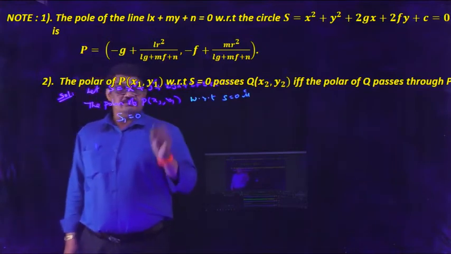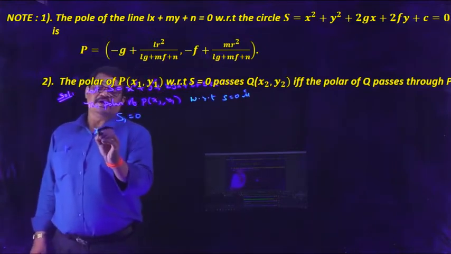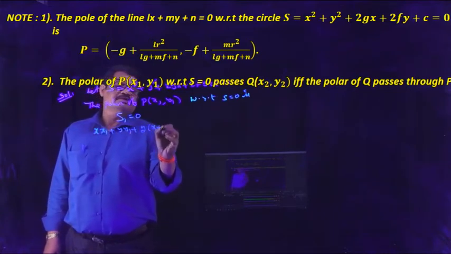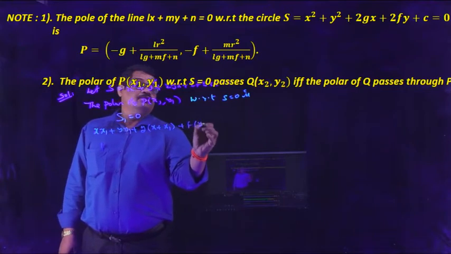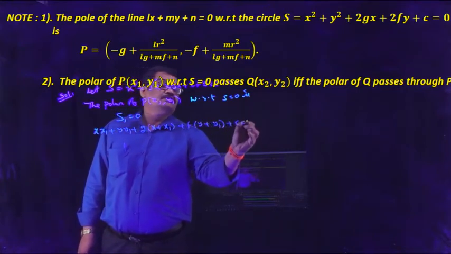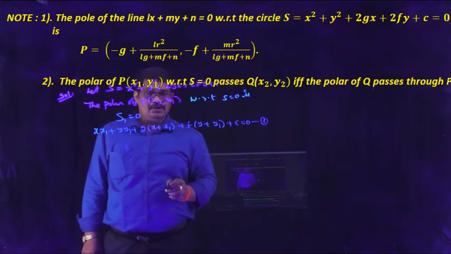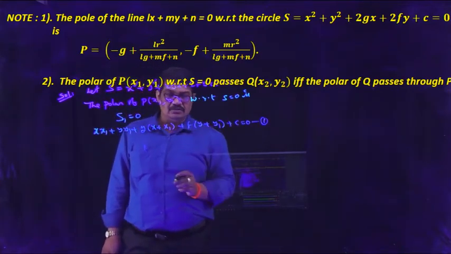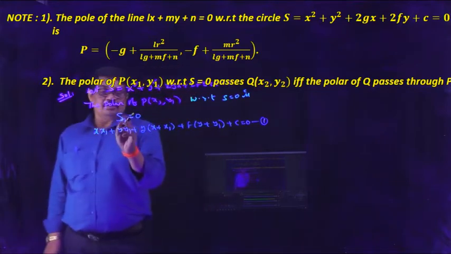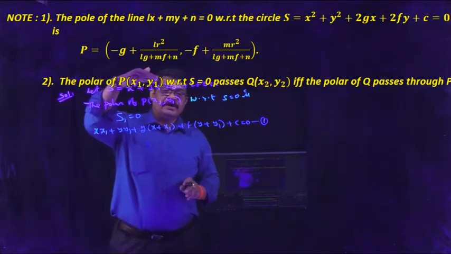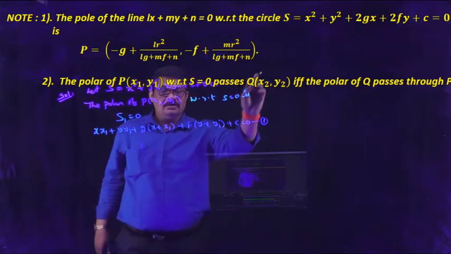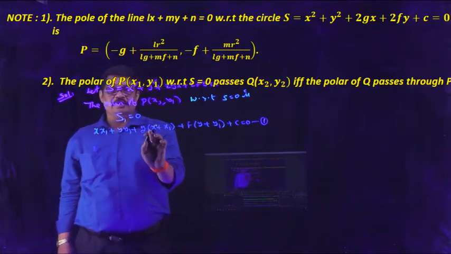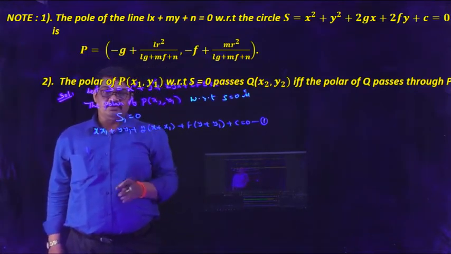What is S1 for the point P(x1, y1)? x·x1 + y·y1 + g(x + x1) + f(y + y1) + c = 0. This is the equation of the polar of P(x1, y1) with respect to the circle S = 0. Now this polar passes through the point Q(x2, y2).